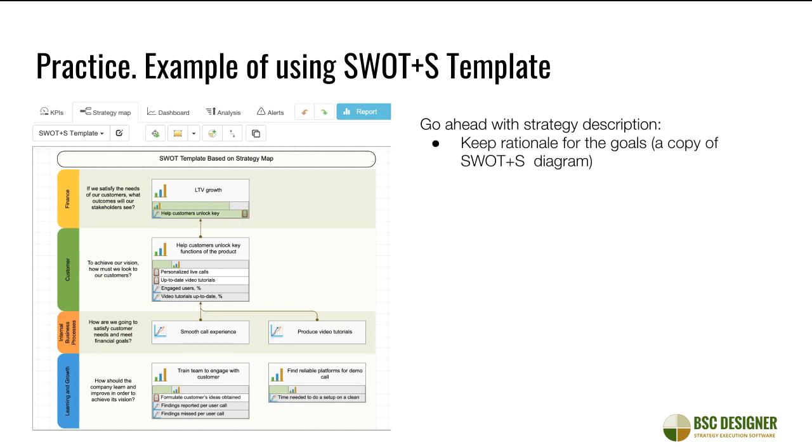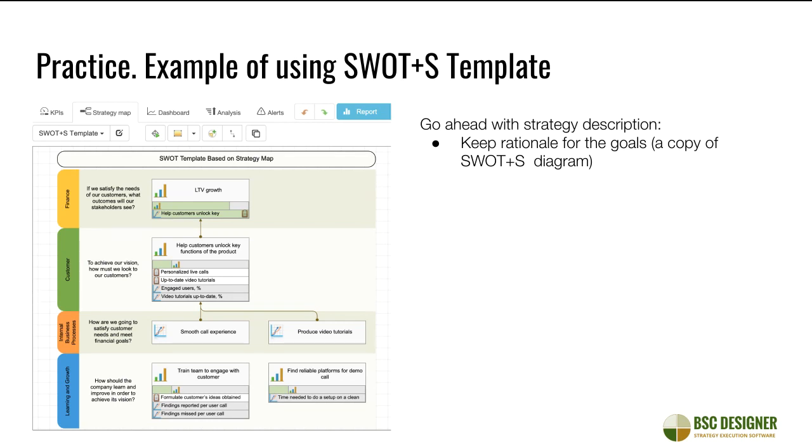One thing I would recommend is to make a copy of your SWOT analysis. If you do it on a classical SWOT diagram or using a SWOT+S template, make a copy of this diagram. Why? Because when you have your goals, like I have here on this strategy map, sometimes it's hard to understand the rationale behind them.